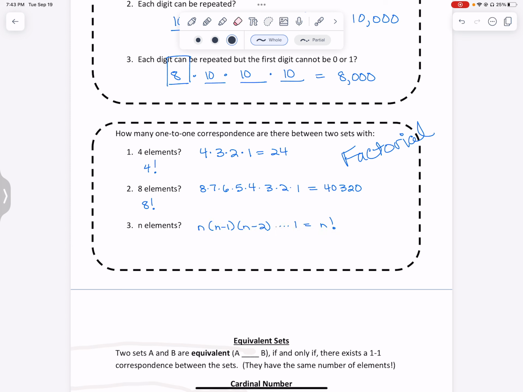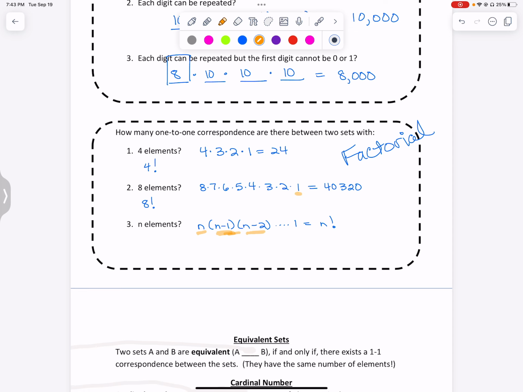Now notice this is the math geek way of writing it. If n was 8, then the next one would need to be 7, right? So 8 minus 1 gives me 7, and the next one is 8 minus 2, which gives me 6, all the way down to 1. Notice I'm subtracting 1, then 2, then 3. That's how we get our factorials, okay?